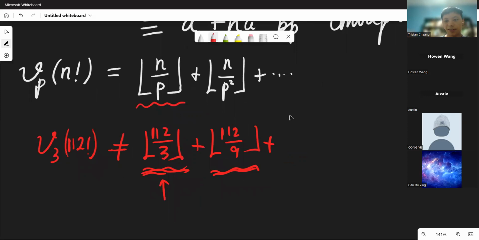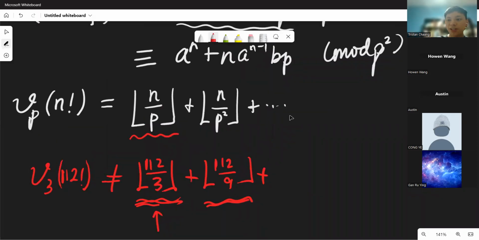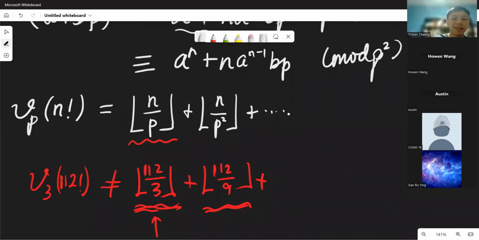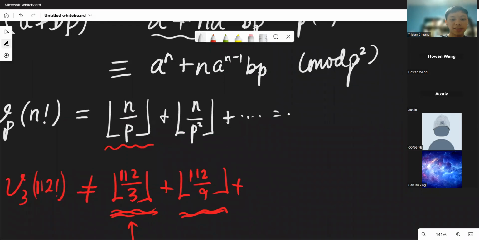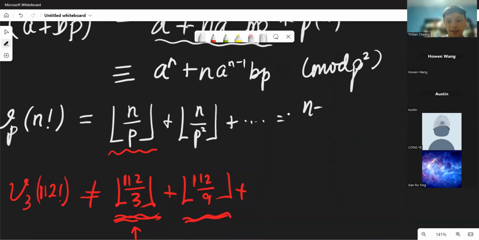So it's quite a fun, probably combinatorics related problem or formula. But there's also a second formula for vp of n factorial, and sometimes it's much easier to use that formula. And that is (n minus s_p(n)) over (p minus 1).